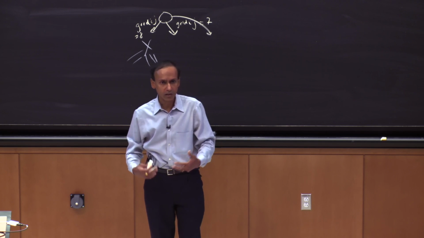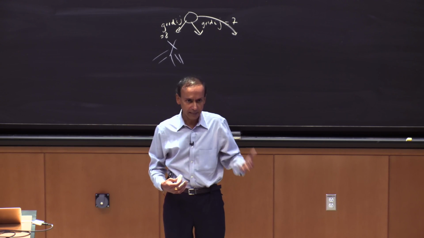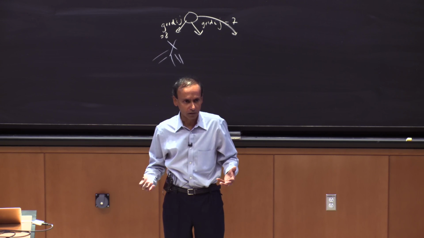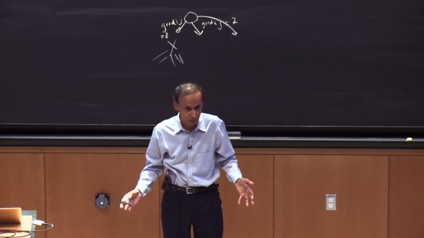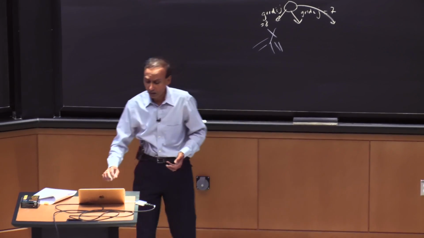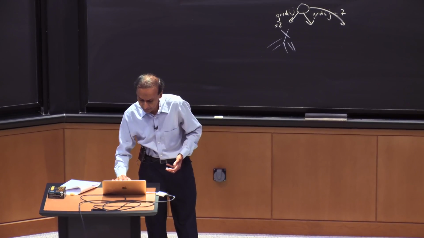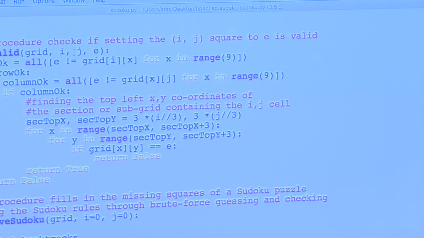So in general, I can always check whether partial configurations violate the 3 constraints I have or not, right? And that is what this piece of code does. And it's also straightforward. It's perhaps even more straightforward than diagonal checking in the case of 8 queens.